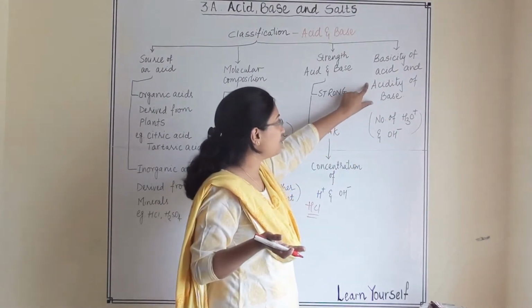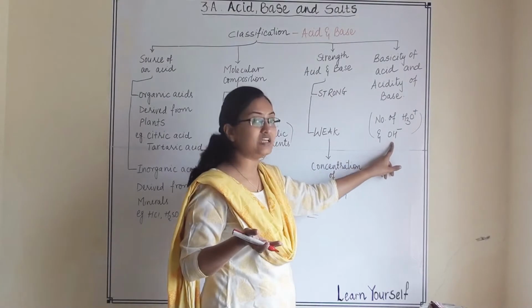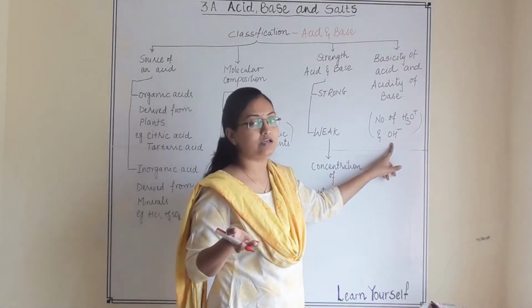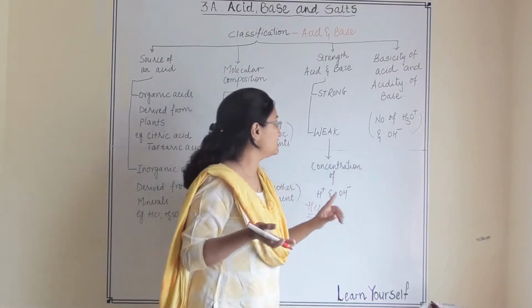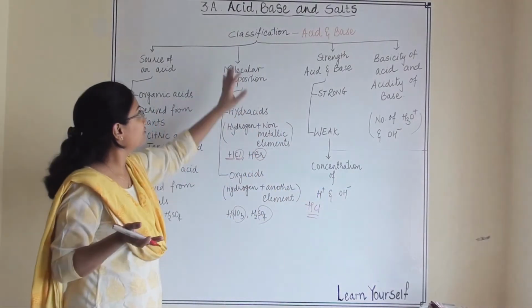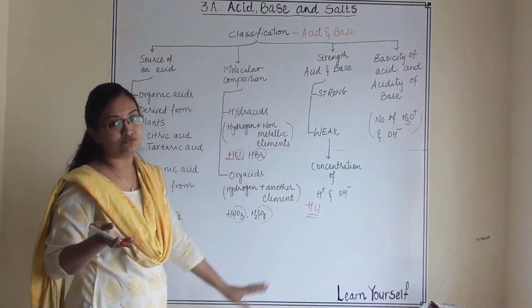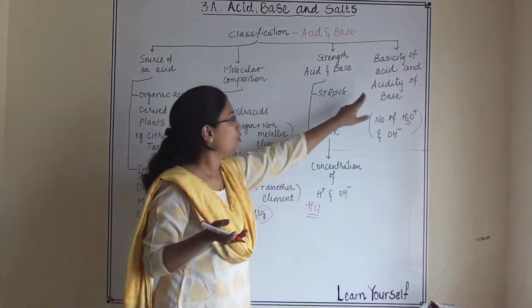And what is the meaning of acidity of base? How many hydroxyl ions will be generated when it is in the aqueous phase. So this is the classification of acid and base based on these four criteria. These two we will see in detail.